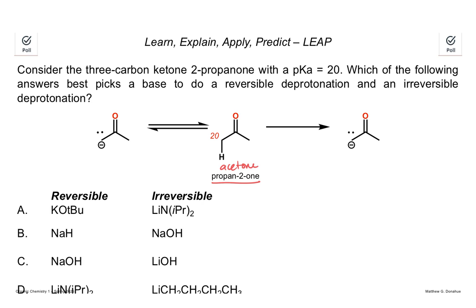Acetone has one unique set of hydrogens. We have these carbons here, these alpha carbons, and I've shown one hydrogen. The pKa of that ketone alpha carbon H bond is 20. And if we want to go to the right, this arrow means irreversibly.